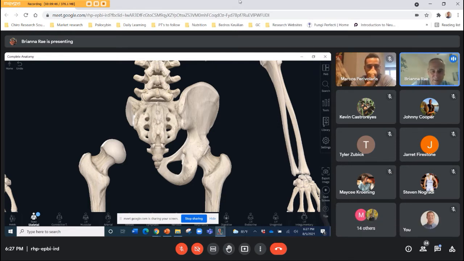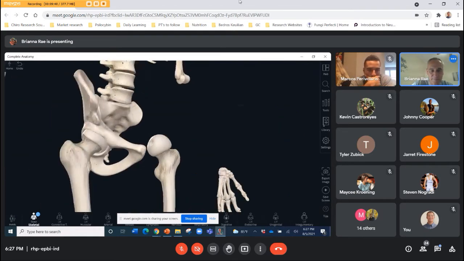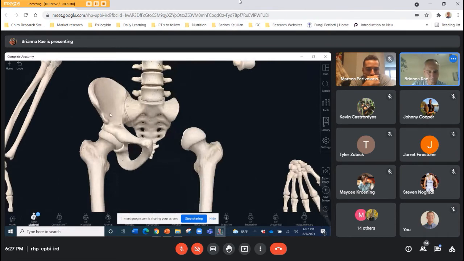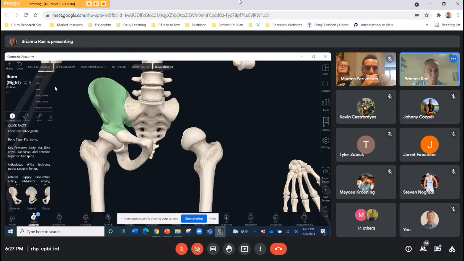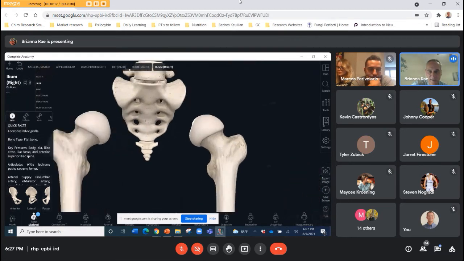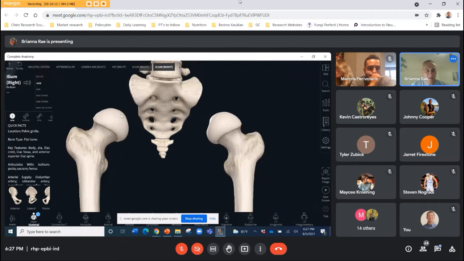Another thing to think about: think of the superior aspect of the femur head with a plank running from one side to the other.